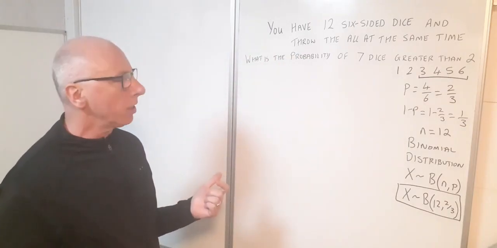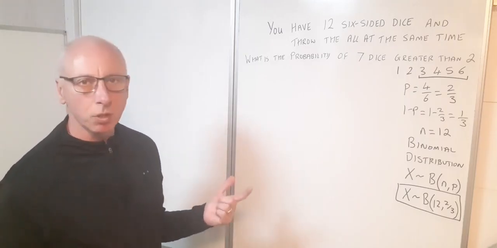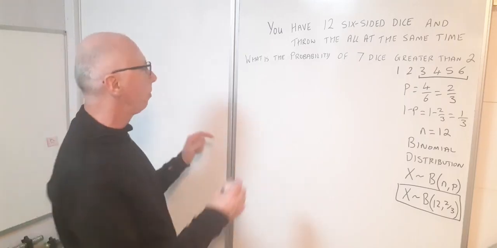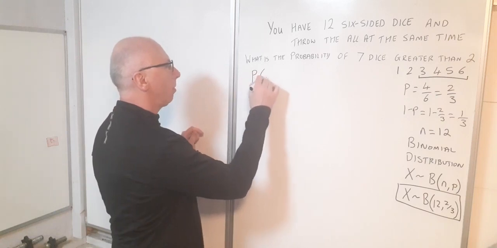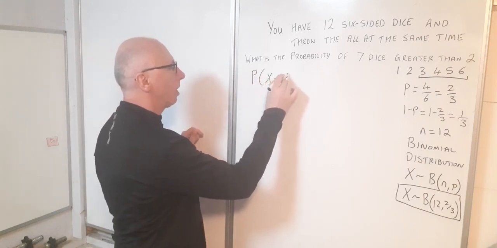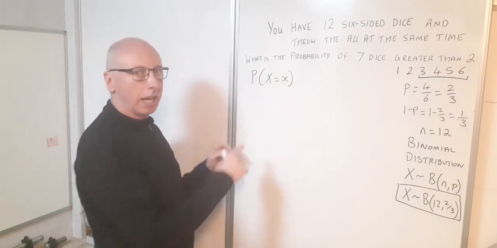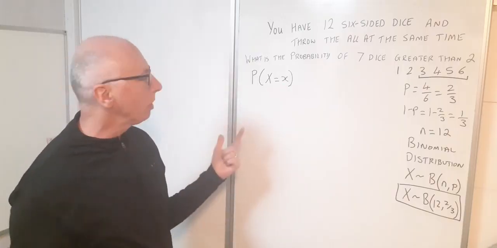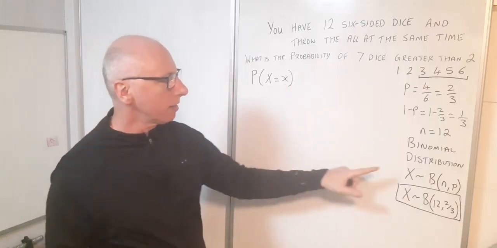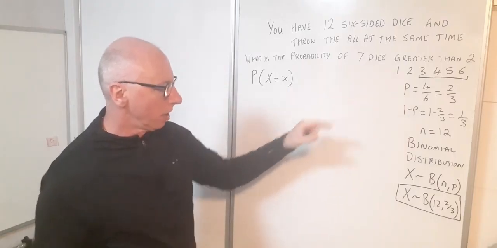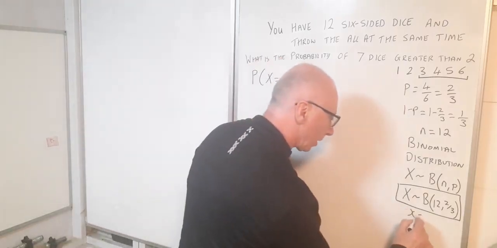The next thing we need is the binomial distribution formula, which is very similar to the binomial formula. We write the probability that X equals lowercase x, so X as in the capital letter and x as in algebra x. In this case, x is going to be 7, so we're looking for X equals 7.